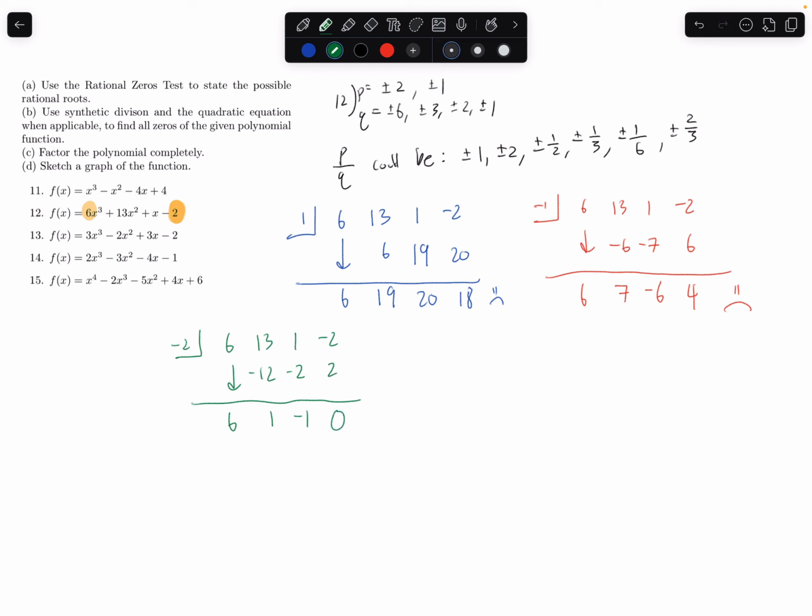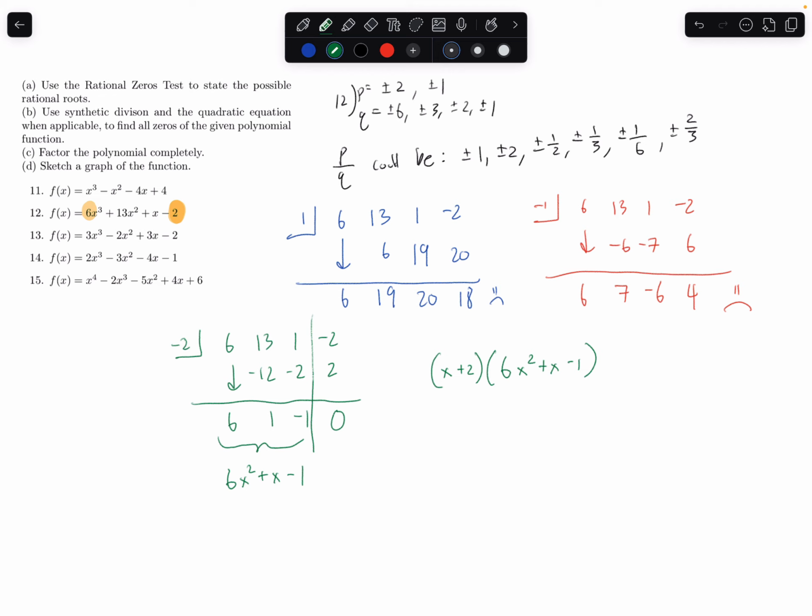So that means -2 is a zero, which means x plus 2 is a factor. Not only is x plus 2 a factor, the resultant polynomial is 6x squared plus x minus 1. So I've factored so far to x plus 2, times 6x squared plus x minus 1.